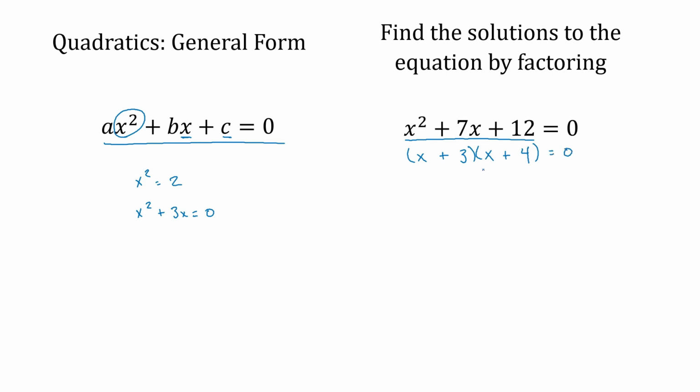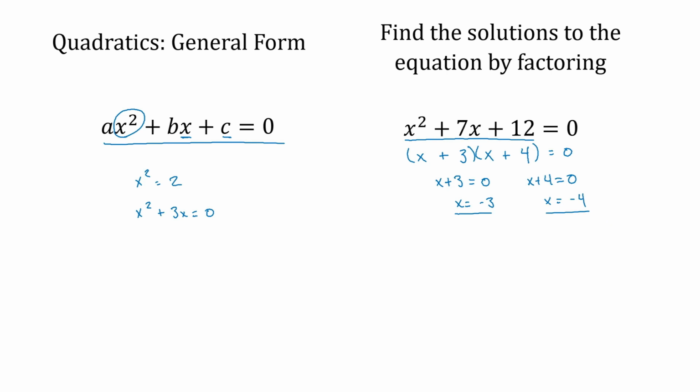Set these equal to 0, which means when we're solving for x, we can set these individually equal to 0, which means x equals -3 or x equals -4. So when you have a quadratic, you will get two values for x always. Now, the values may be the same thing. It doesn't always happen, but you will always get two values for x.